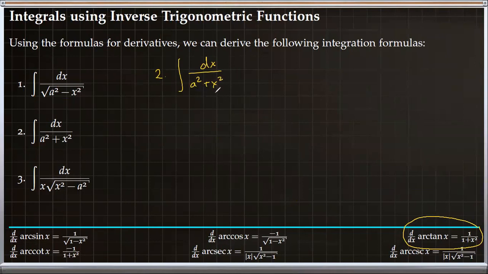So we try to make the denominator look like 1 plus u squared. So for that, we can factor out a squared again. So it will look like a squared times 1 plus x squared over a squared. This means if we let u be x by a, then our denominator will look like 1 plus u squared.